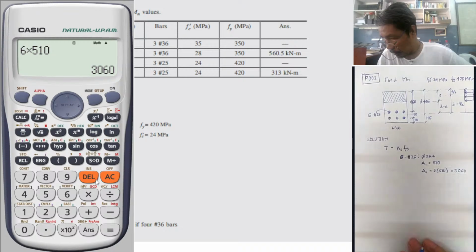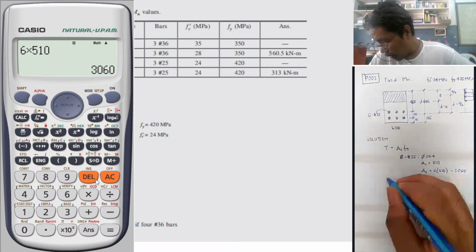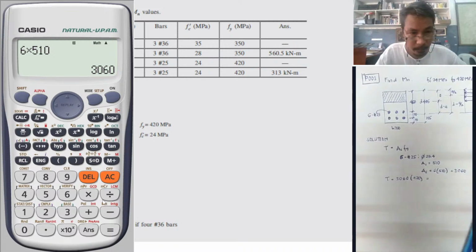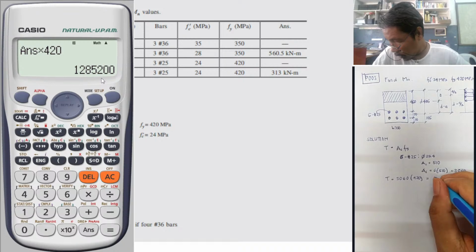Okay, so therefore we can now proceed with computing the value of tensile force. So 3060 multiplied by Fy, which is given to be 420. Therefore, we have the value 1,285,200. Okay.